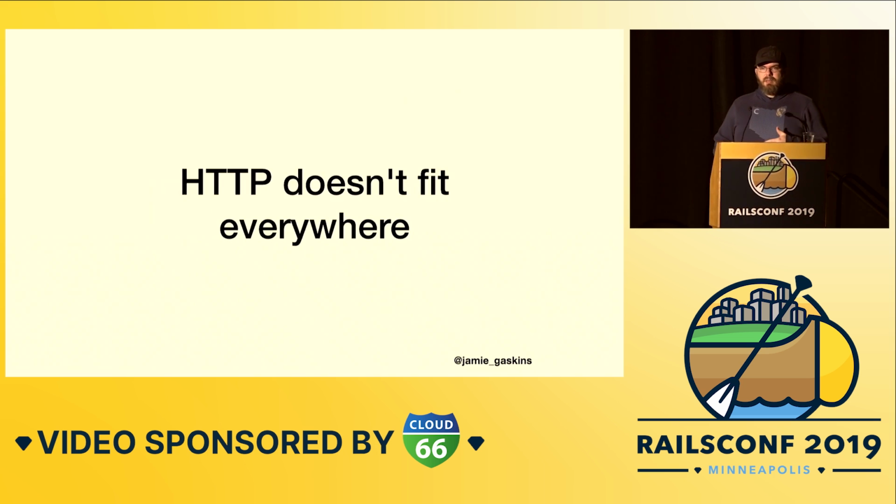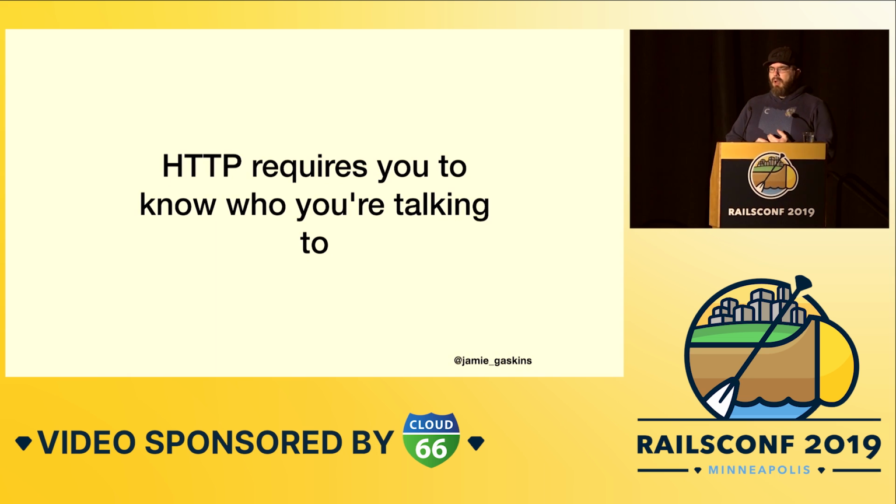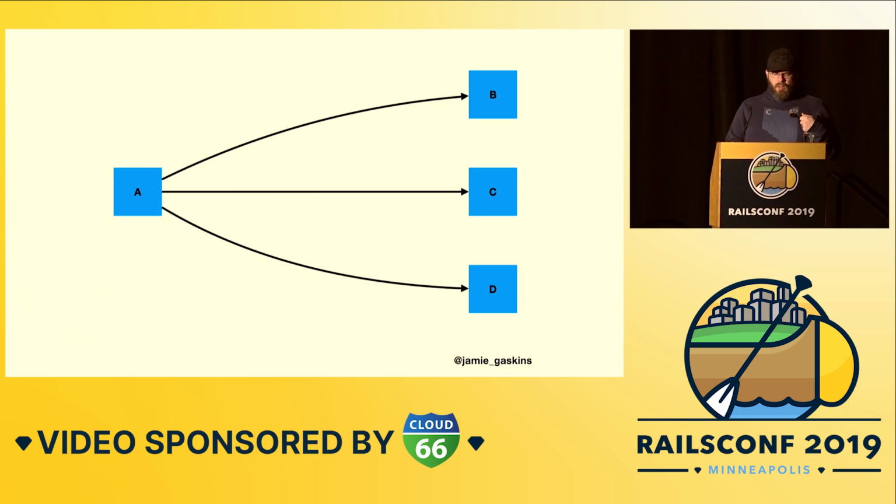But HTTP doesn't fit everywhere. For one, HTTP is a point-to-point protocol, so you need to know who you're talking to. Anytime your service performs an operation that other services need to be notified about, you would have to reach out to them to tell them. And so at that point, whose responsibility is it?